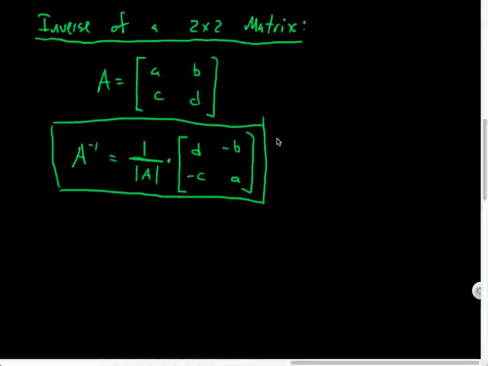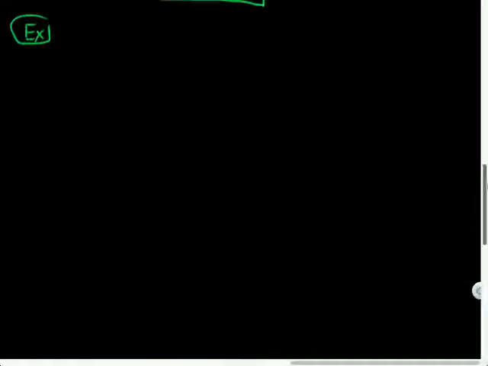Okay. So let's do an example. I'm just going to have time for one, I think. Ooh, wow. Yeah, this takes a little while to learn all these skills, but that's quite all right. Let's find the inverse of a matrix.